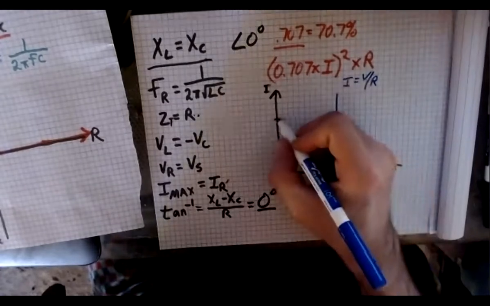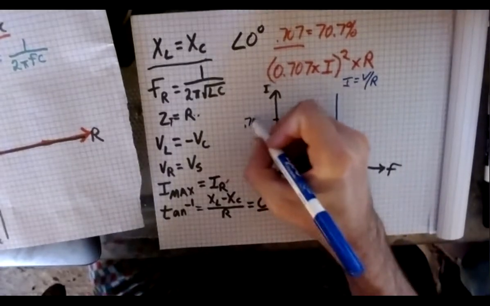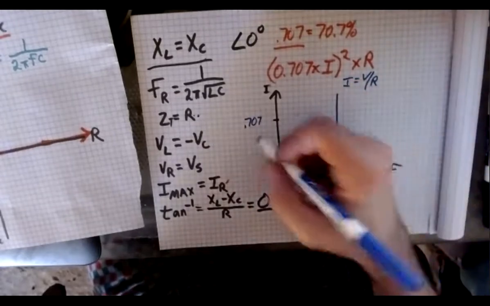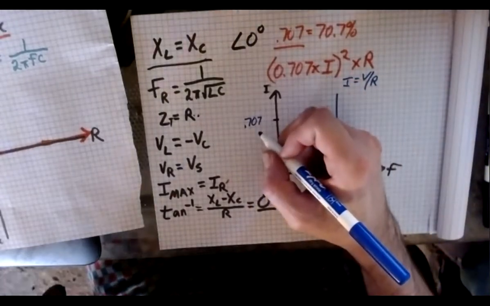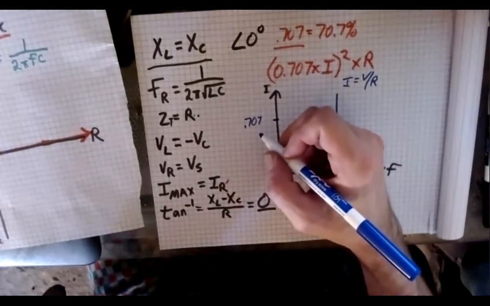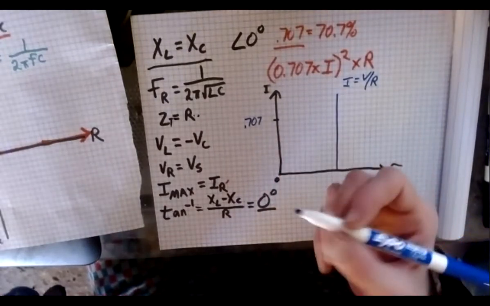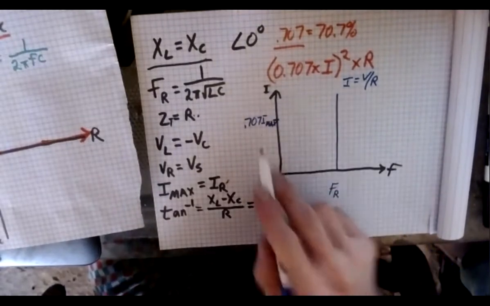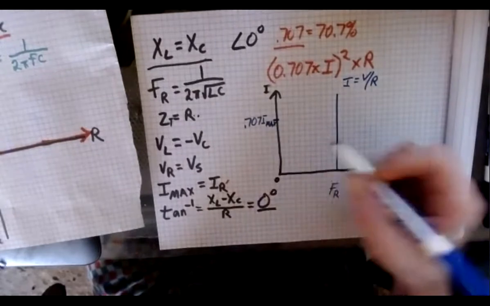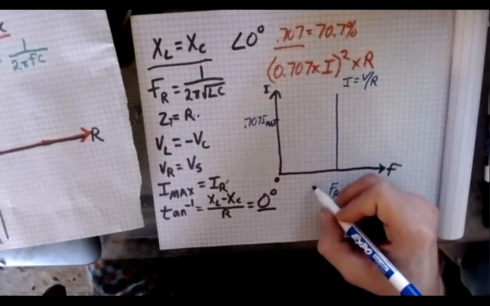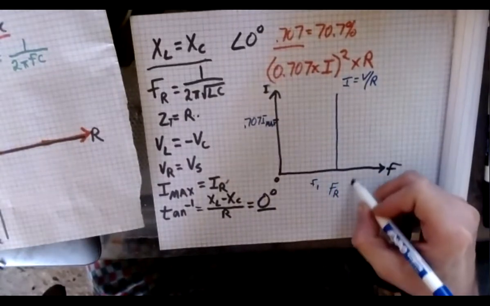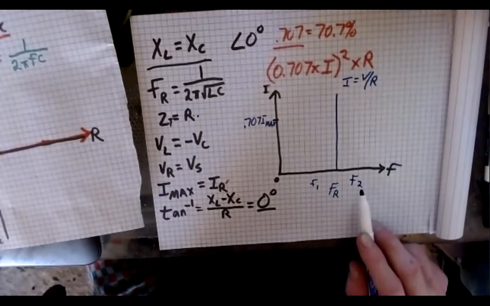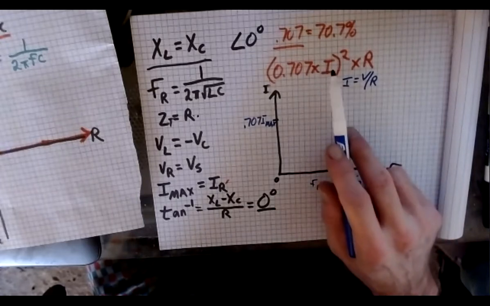So at a certain point, we get a 0.707 drop, if you will. Okay. And this will be the 0.707 with the current in mind, right? So 0.707 of I max, if you will, like this. So what we end up with here, all right, are my lower and my upper frequencies that we're going to have from this.